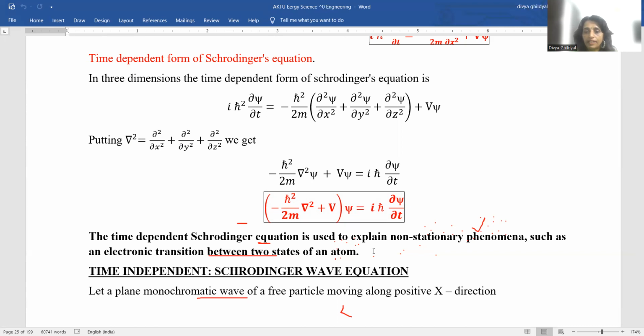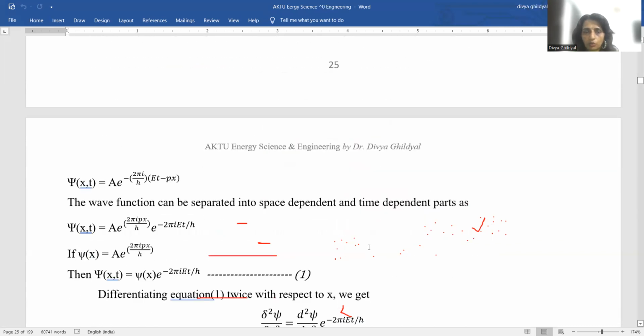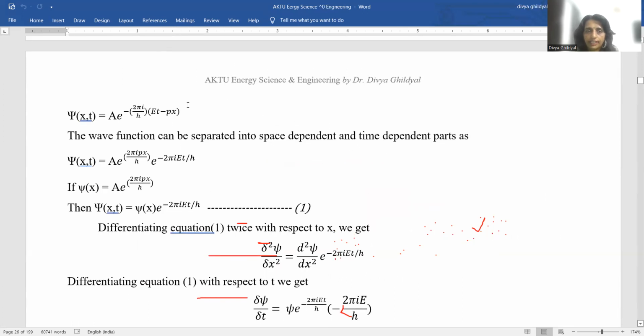Time independent Schrodinger wave equation, very easy. What you do in this case, once again you write down the expression for wave function phi equal to A e to the power of minus 2 pi i by h into (Et minus px). Now separate this into space and time dependent parts.